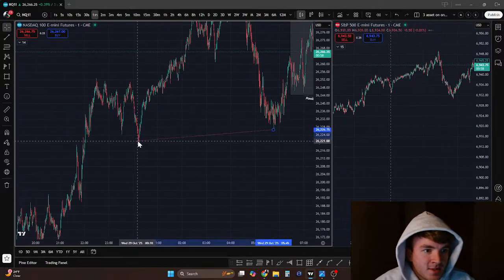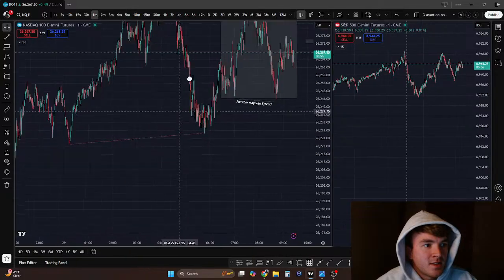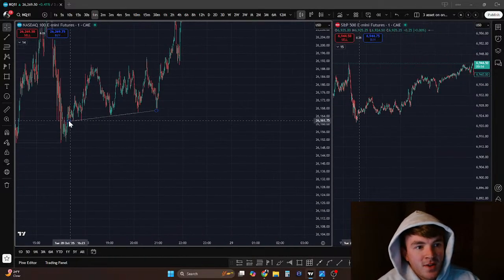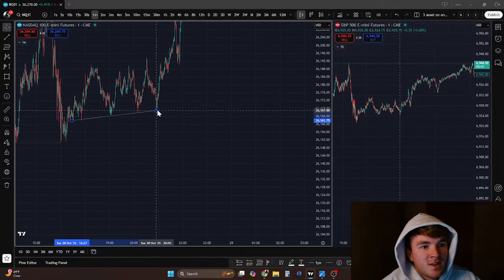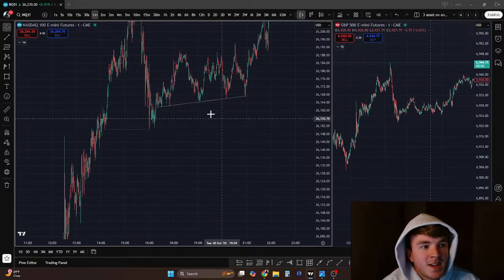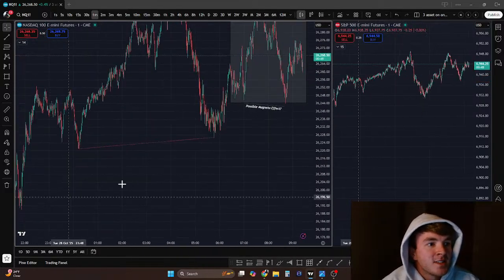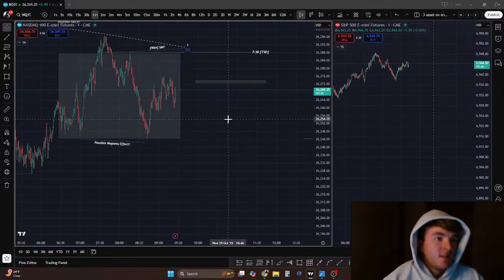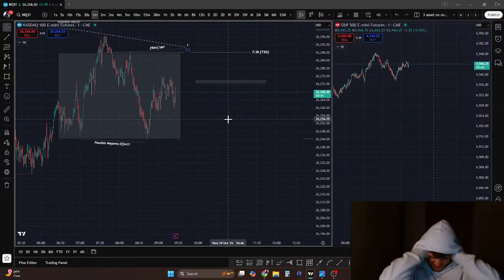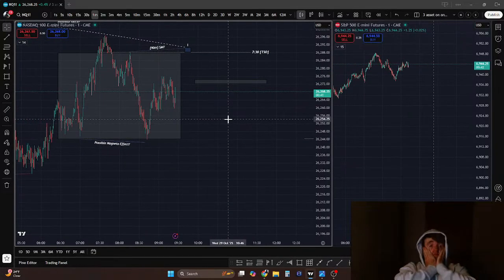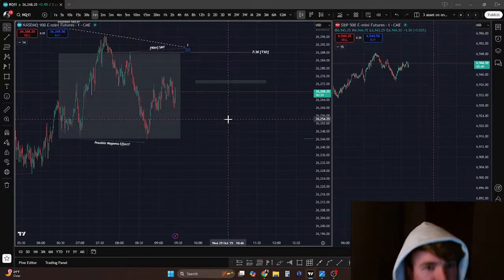I think that these old S&Ps will become draws on liquidity, and then, dude, maybe leave a runner for this. These really, really nice looking lows, man. Imagine, that could be really high RR. So that's kind of what I'm thinking right now.